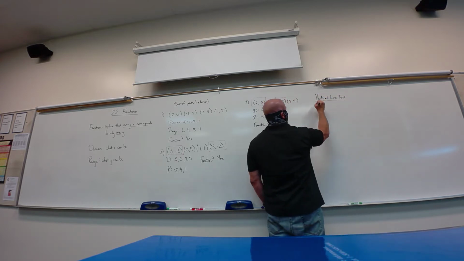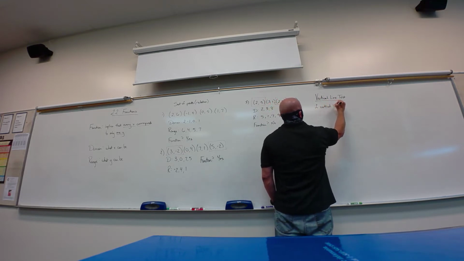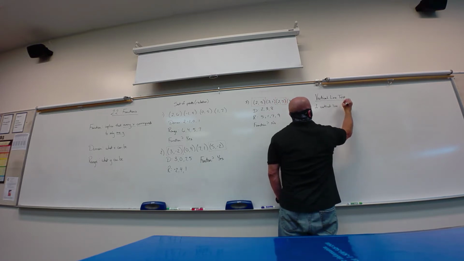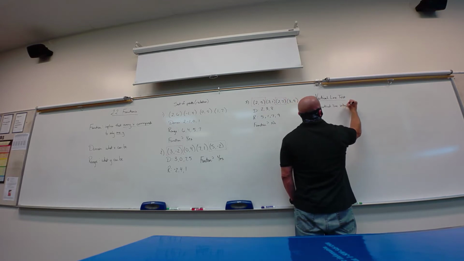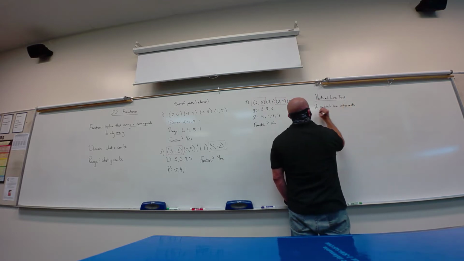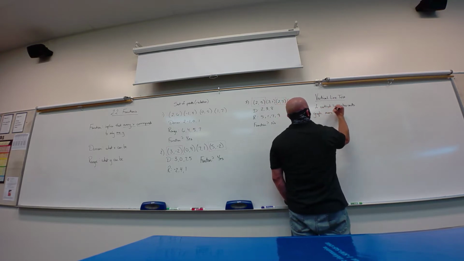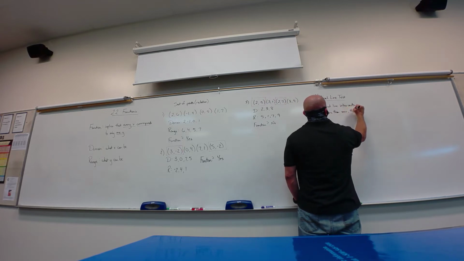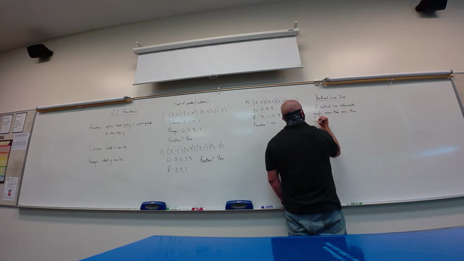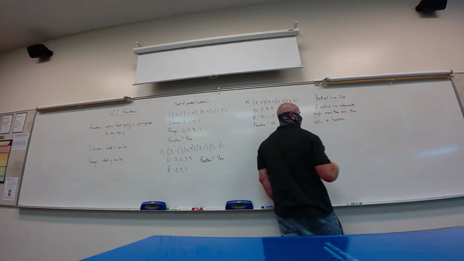Vertical line test: if a vertical line intersects the graph more than once, then it's not a function.